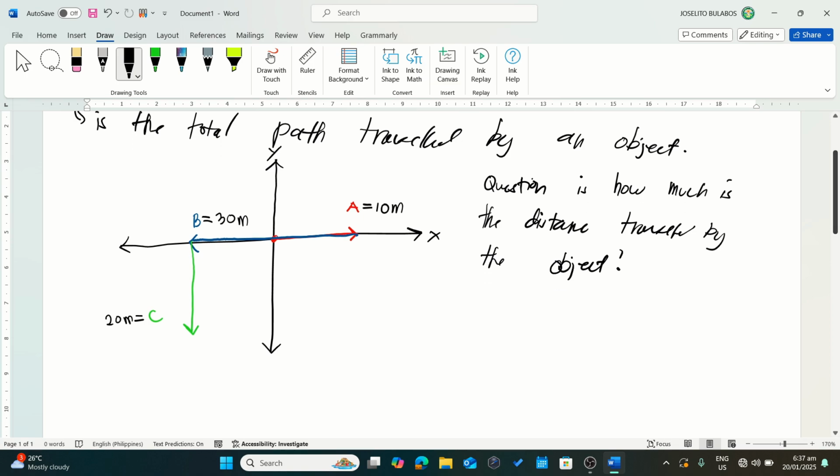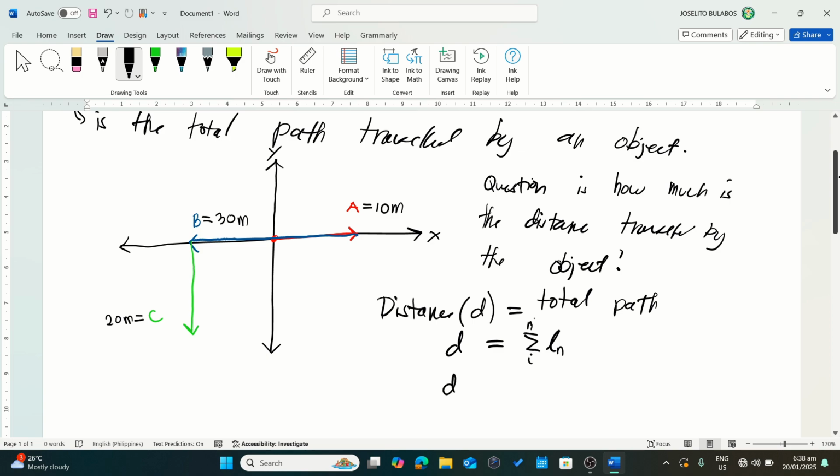So in finding the distance, or sometimes this is represented by d, this must be equal to the total path. D must be the sum of l_n, from i to n. So all we have to do here is simply sum the length of path traveled by the object.